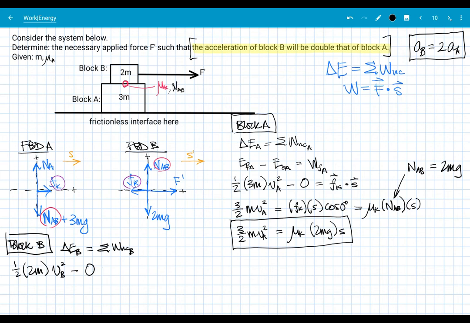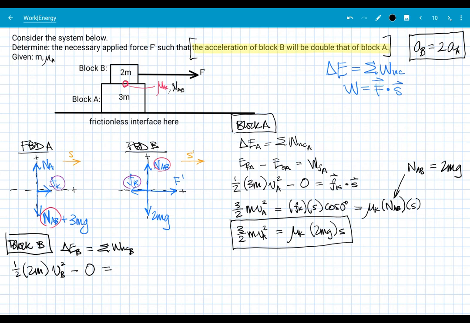Minus 0, initially nothing, we're at rest. And now I have to think about the non-conservative forces that do work on block B. I can see that my normal force isn't going to do any work. It's at 90 degrees to the displacement. But I do have two forces that actually lie completely along the same line as my displacement, and that is the frictional force and the applied force there.